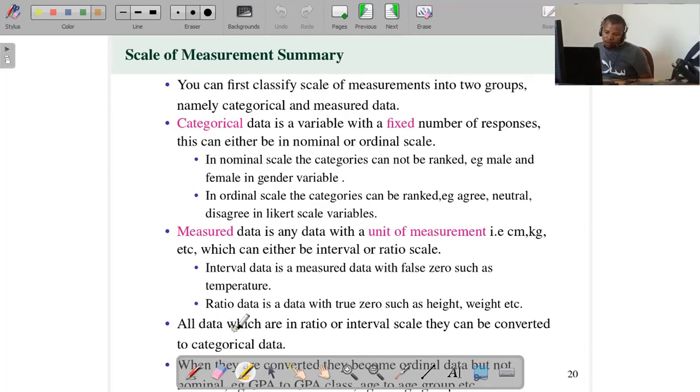So all data which are in ratio or interval scale can be converted to categorical, such as when you hear GPA class. Original GPA is ratio. But you can convert it back to categorical by putting class 4 point something up to 5 maybe. You put it as a certain limited response. Age group is categorical, but age is continuous. Income range is categorical, but income itself is continuous.